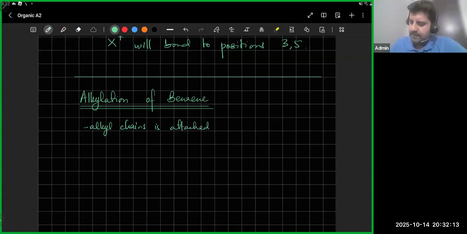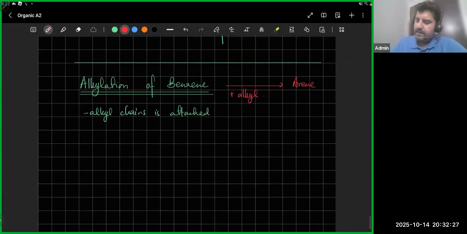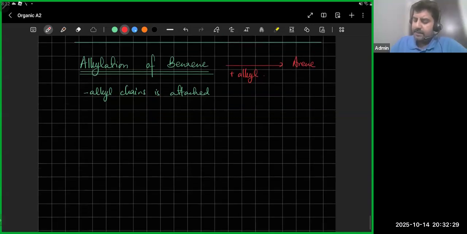So basically the benzene turns into an arene plus alkyl chain. So kind of similar conditions.